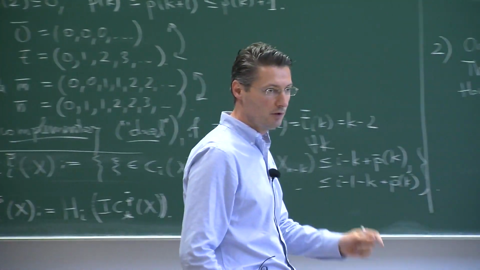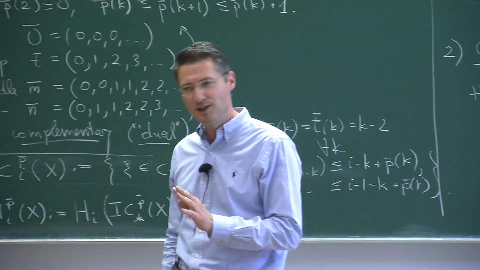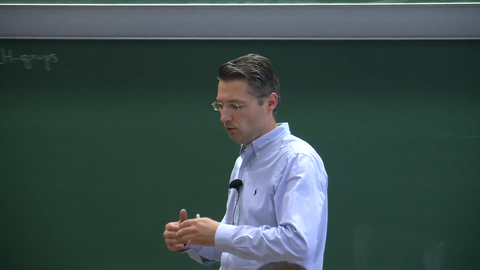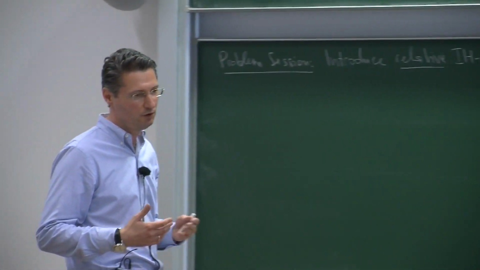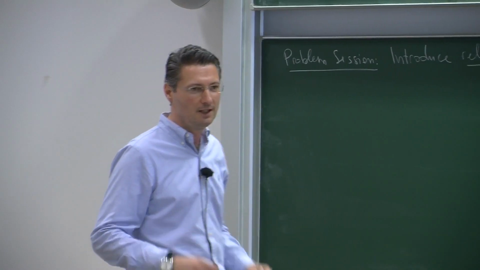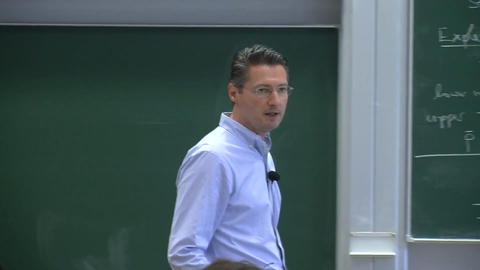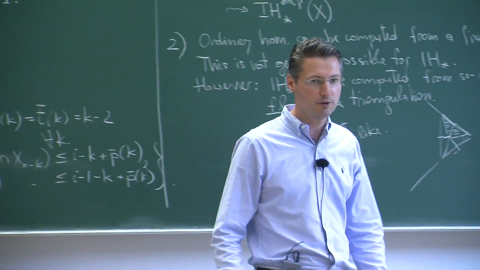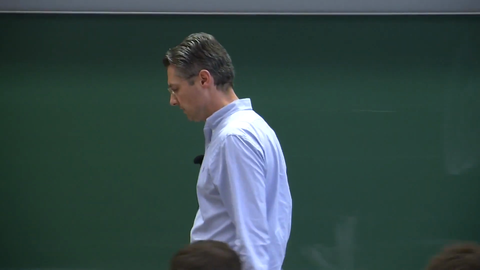It has to fit into a long exact sequence of a pair, of course, whatever you do. So maybe you can think about this a little bit, right? You know for ordinary homology how you define relative groups, but now what would one have to do here to have relative groups? So they are not defined for all pairs of subspaces. So you have to think a little bit, what is a good class perhaps where you can do it and so on. So that's perhaps something we can talk about in the problem session.